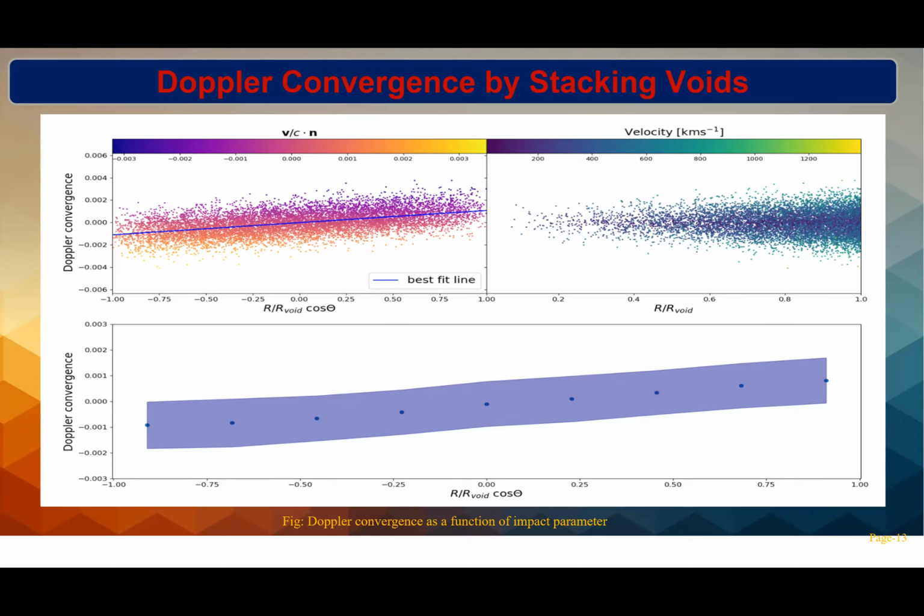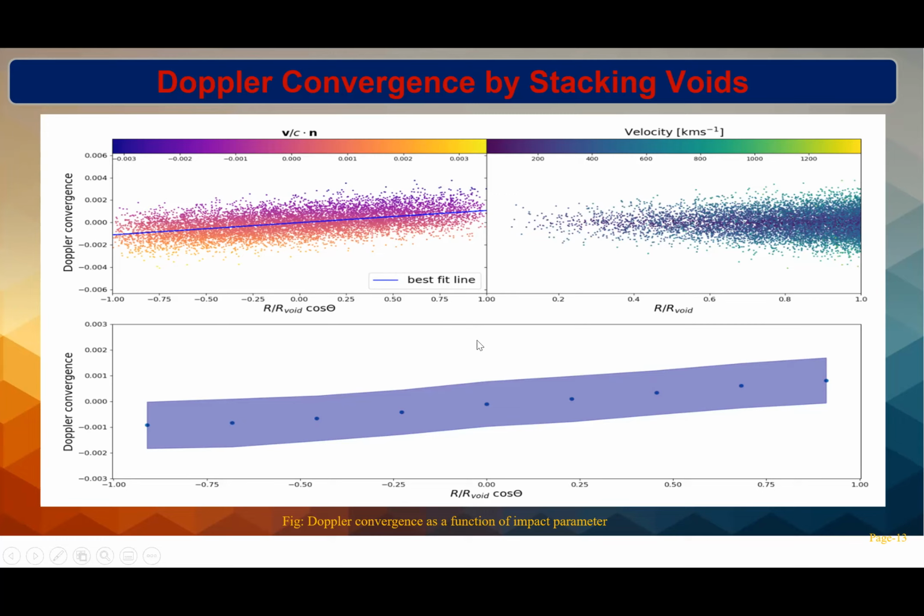And if you see the top right figures, most of the galaxies are situated near the edge of the voids, and their velocity distribution is higher. So that's why we have observed higher values of Doppler convergence at the edge of the void.